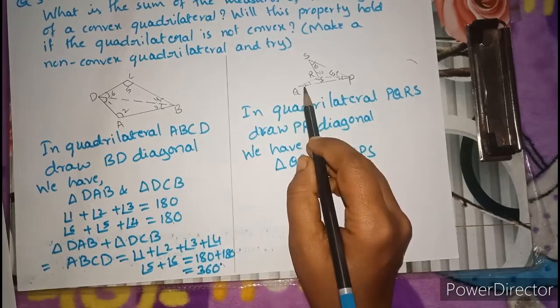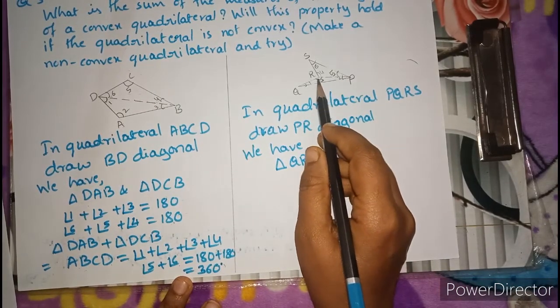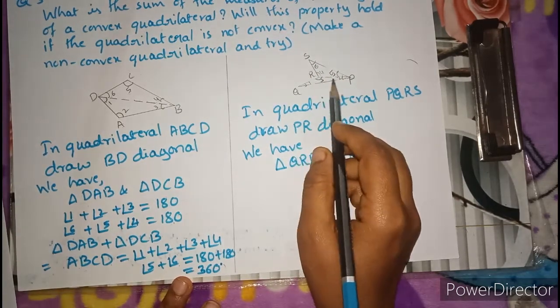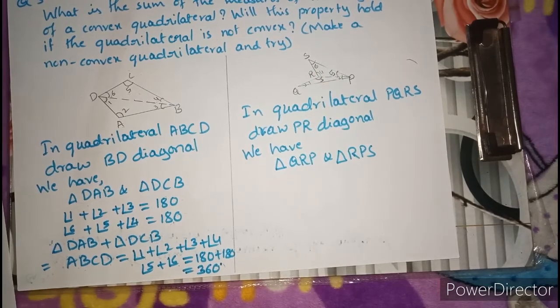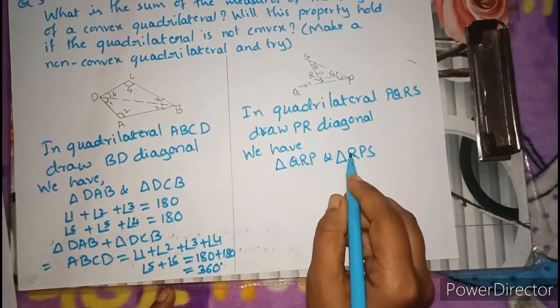Let's name angle Q as 1, P as 2, this as 3, 4, 5, 6. Name the angles as 1, 2, 3, 4, 5 and 6. Okay. So apply the angle sum property for these two triangles.